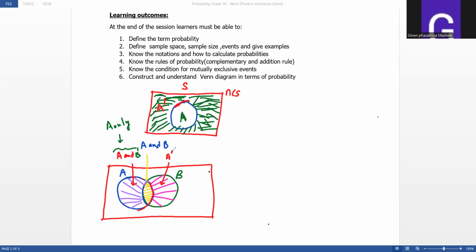Let me just use a blue one. A not, and B is there. There is not A and there is B. A is not there, but there's B. Which is the same as B only. So this is what we have, the B only.